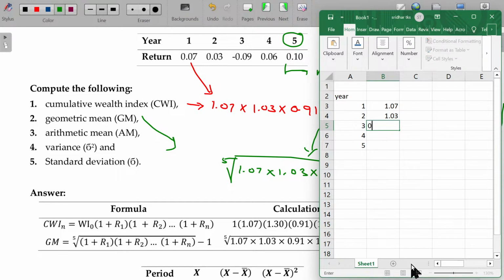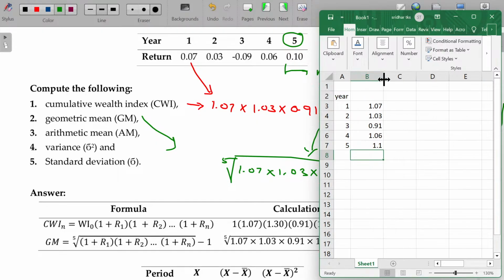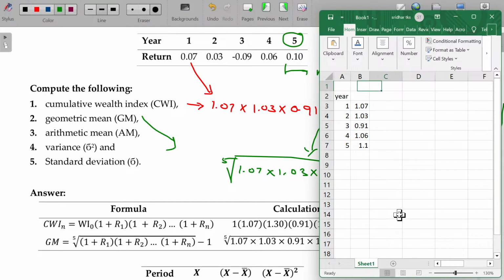Then 0.91, 1.06, 1.1. Clear? If you have 100 rupees invested here, by the end of first year, how much you will have as per the cumulative interest? 107.